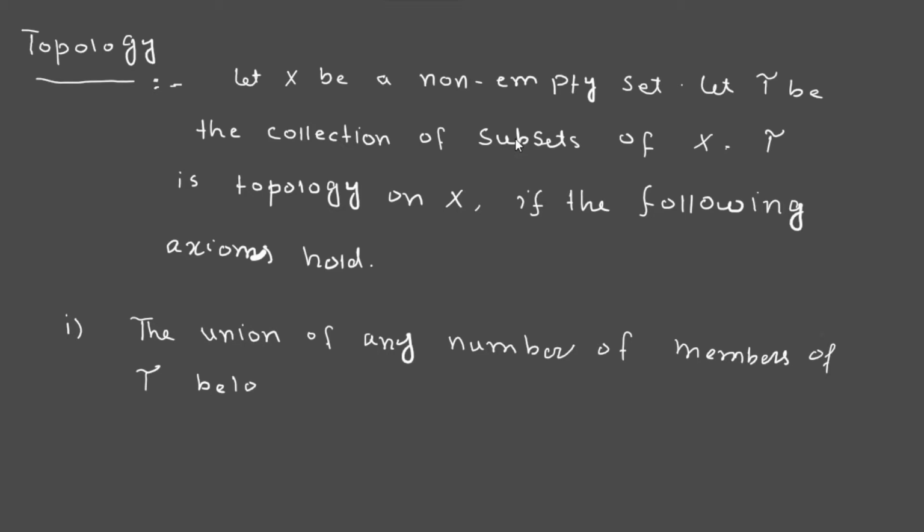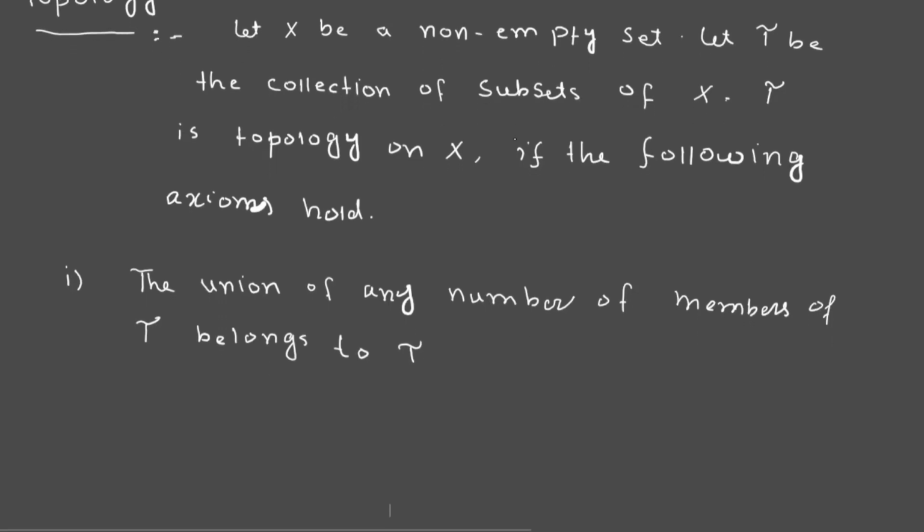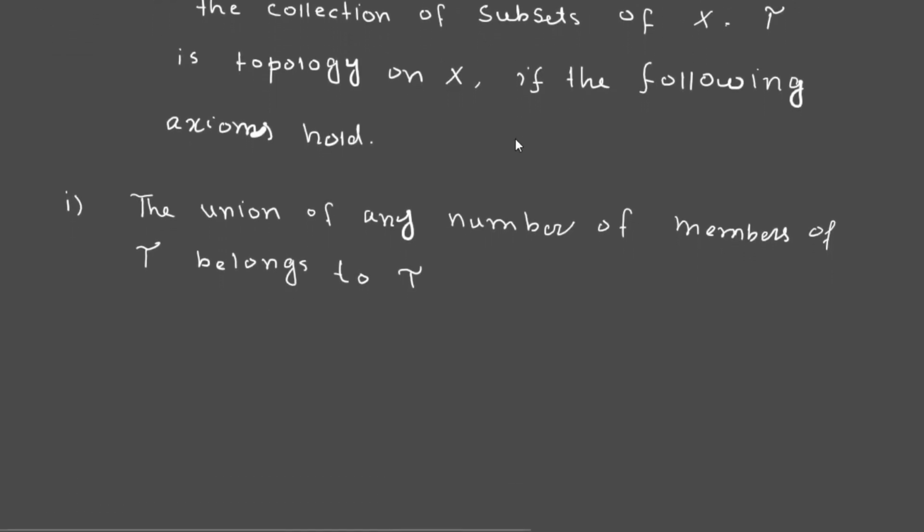Since tau is the collection of subsets of X, when we take the union of any number of members of tau, that union should belong to tau. This is the first property for a topology.